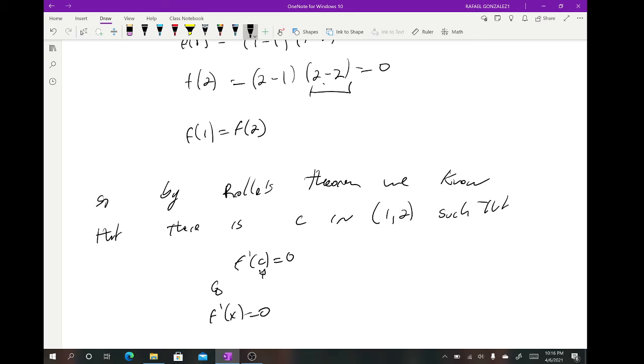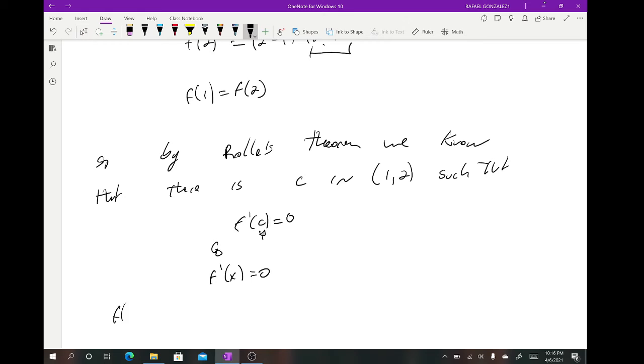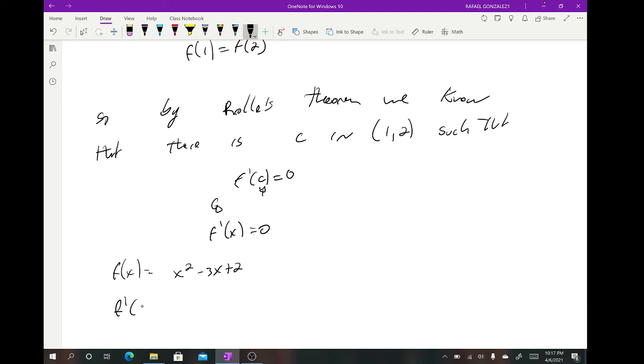Now, this equation has the derivative of f being equal to 0. Well, I don't know what the derivative of f is, so let's find it. F of x was given to be, again, x squared minus 3x plus 2. By the power rule, the derivative of x squared is 2x, the derivative of minus 3x is minus 3, and the derivative of 2 is a constant, so that's just 0.